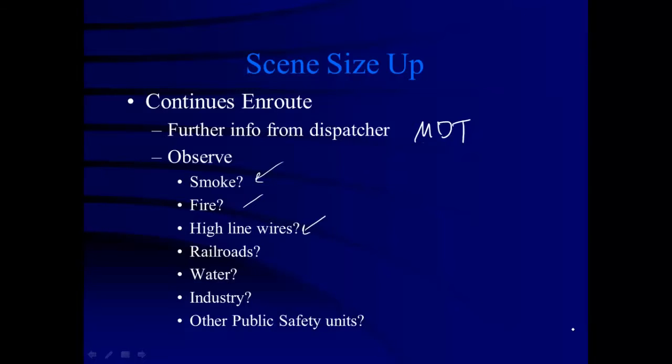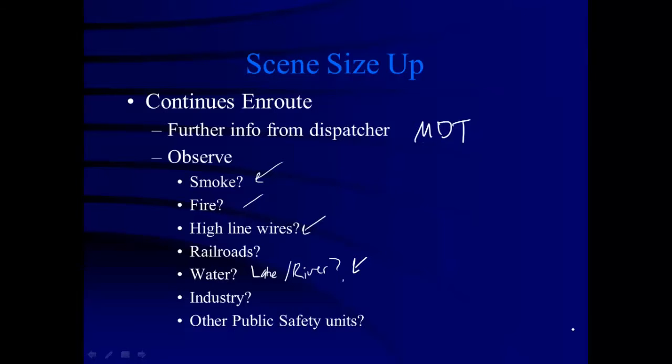Are they still up, or have they come down on the ground? What about railroads? Are you going to have to go across a railroad crossing to get there? And if so, do you have an alternate route? Is there any water? Is there supposed to be water? Is this a big body of water, like a lake or a river? If so, you're going to have to rescue somebody, you're going to want to get some extra help for that.